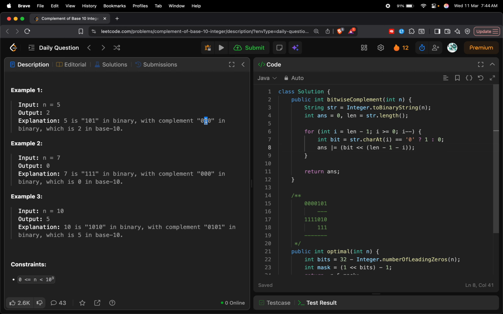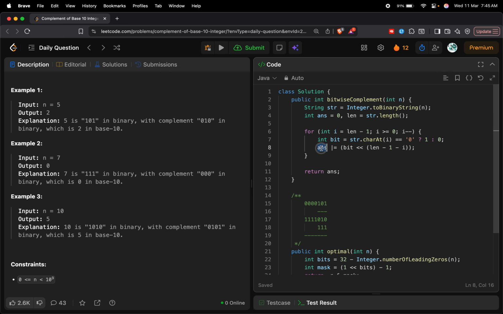This has a power of 2 power 1, this has a power of 2 power 2, and so on and so forth, right? So when I left shift by a particular number, the bit gets incremented by its corresponding power. So bit is basically the value at the corresponding position, and then I am left shifting it by a certain number which will give its corresponding 2 to the power, right?